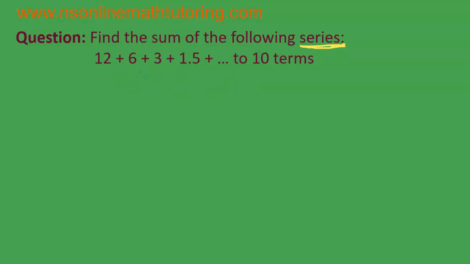It is definitely not an arithmetic series because there is no common difference between the terms. Let us try to find whether there exists any common ratio between the terms or not. If there exists a common ratio, then it will be a geometric series. So U1 is equal to 12. That is certain.